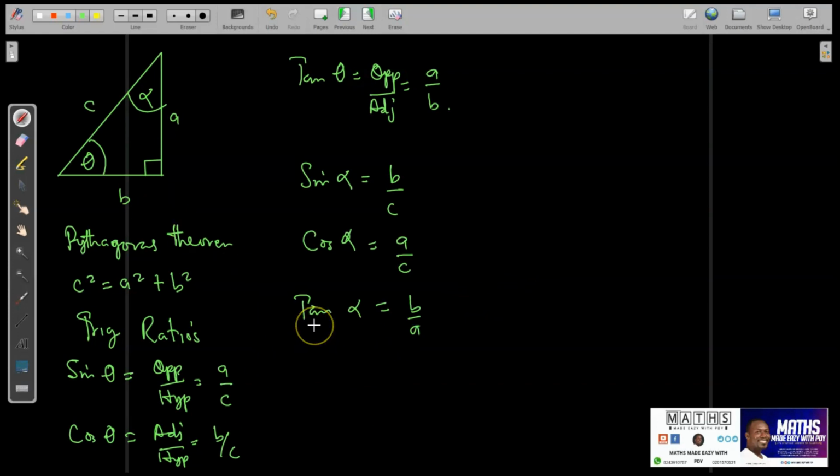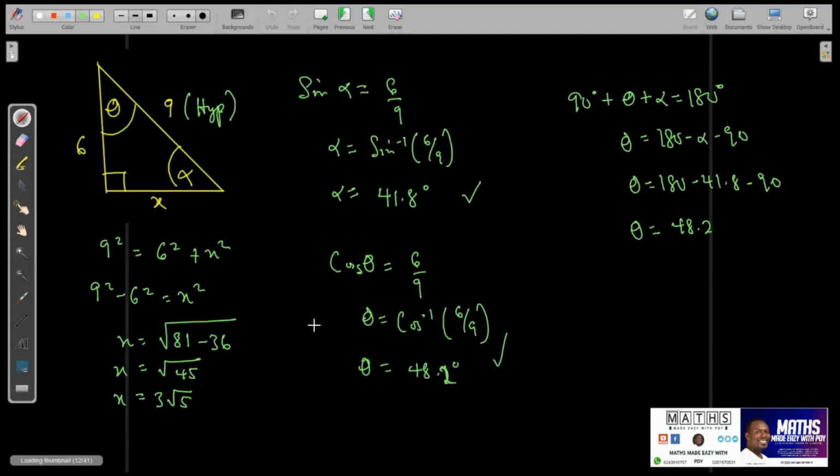But here, if we were to decide to use a calculated value from this question, we could have used tan to find some of the values as well. For instance, let's take it that we're to find alpha, and we knew the 6 and the x value, which was 3 root 5. Am I right? So alpha and 6 are opposite to each other.